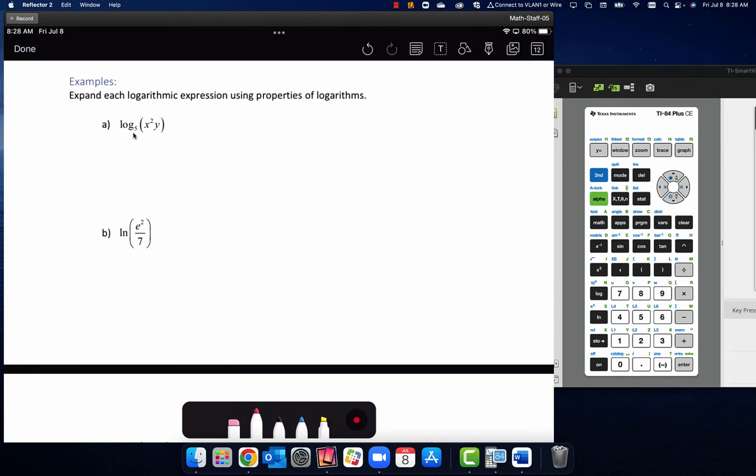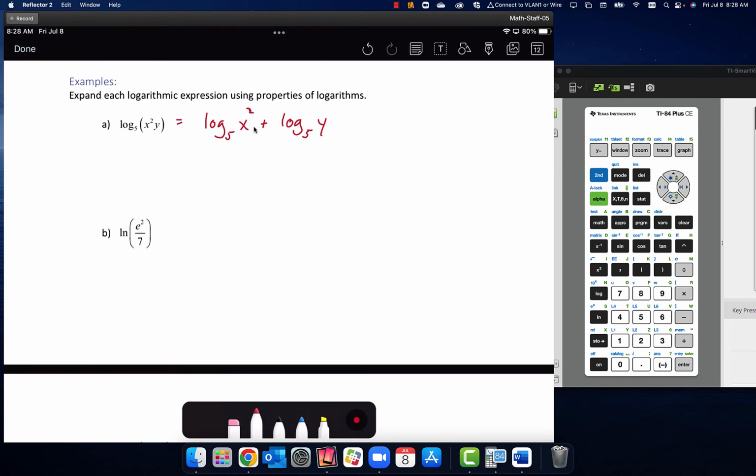So log base 5 of x squared times y. Let's first take care of the product. Notice we have x squared times y. That means we can expand this logarithm into 2 logs by adding them together. The base stays the same, so make sure you copy down the base. That first step is to just expand the product.